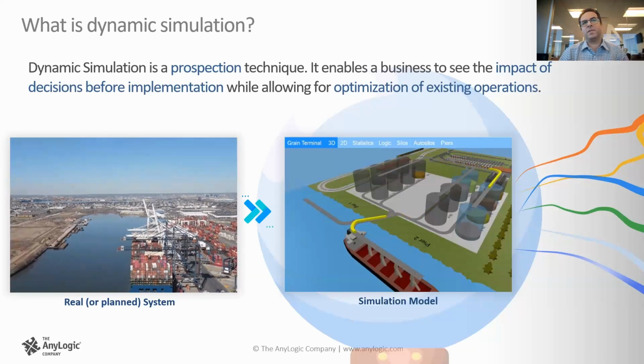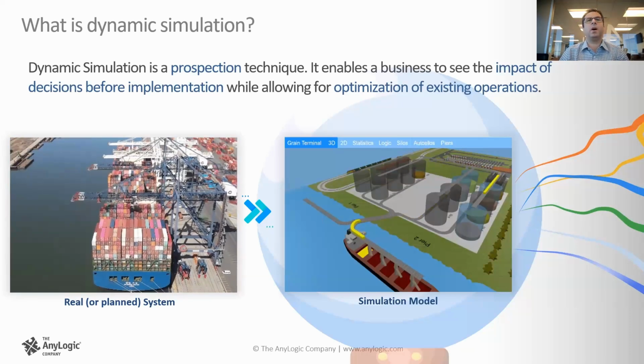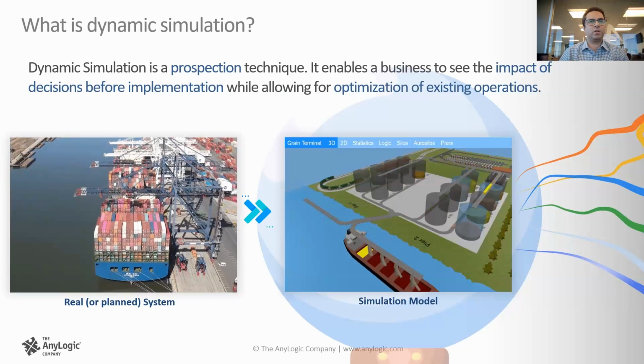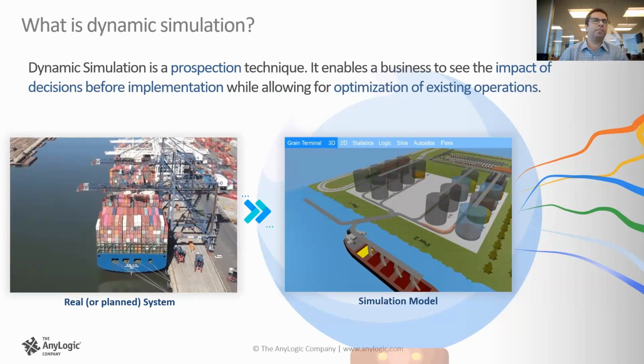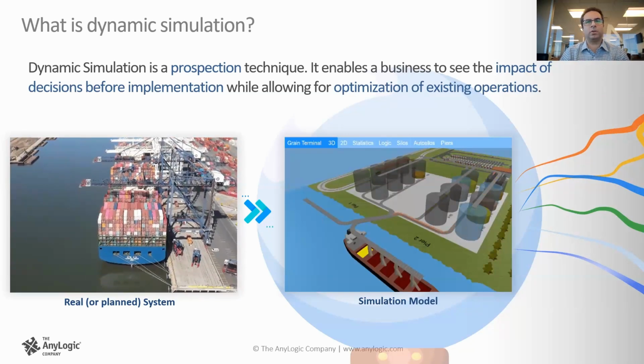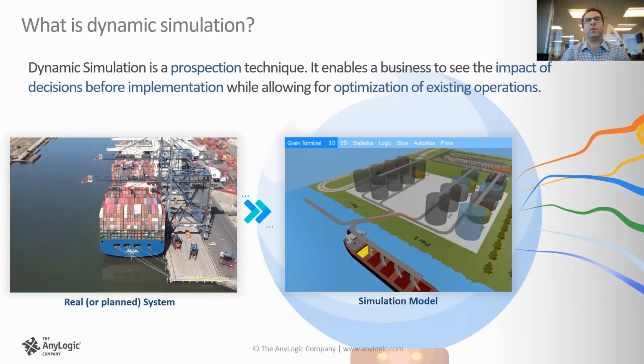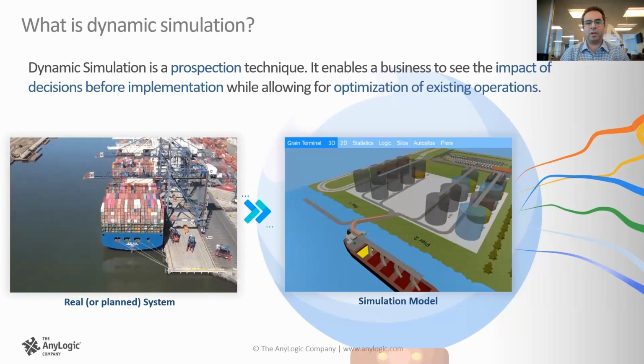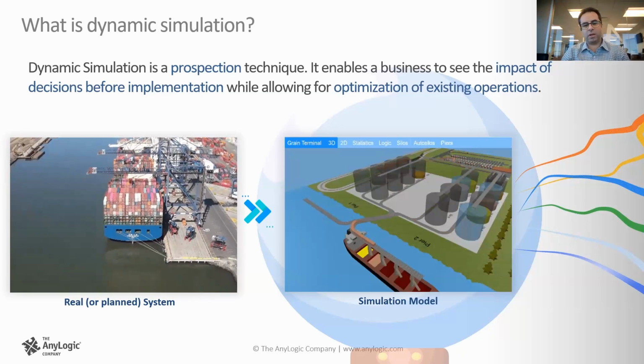And that gives them the opportunity to optimize their existing operations or basically enhance what they want to do based on the information that they gain from looking into the future.